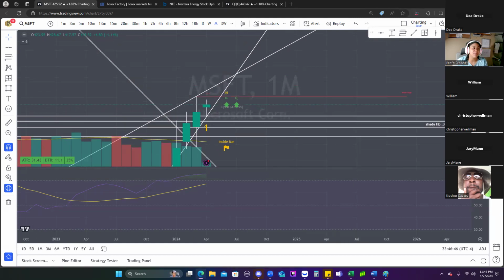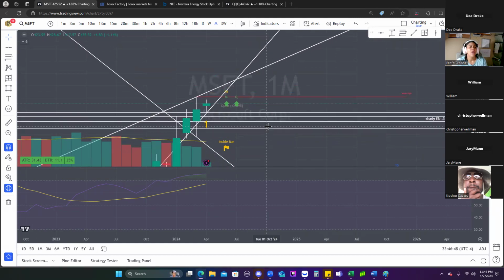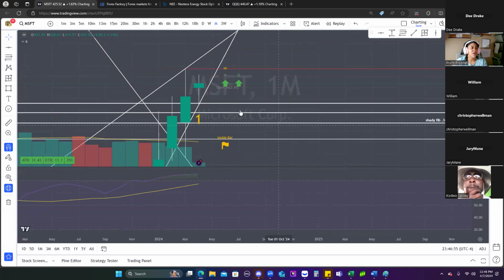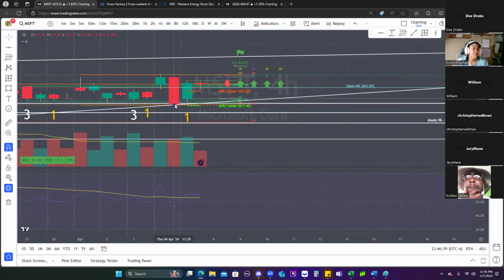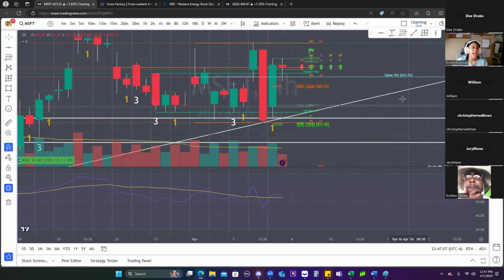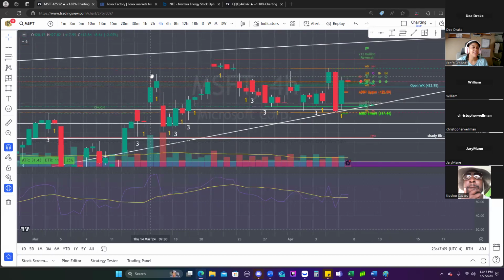Like Sal keeps mentioning, draw on liquidity. We can't keep going up without getting some momentum from somewhere. So these right here would be nice little targets, but we already hit this one here. While that looked really cute to hit the 0.618 here, now you look at it, this is still in that range.